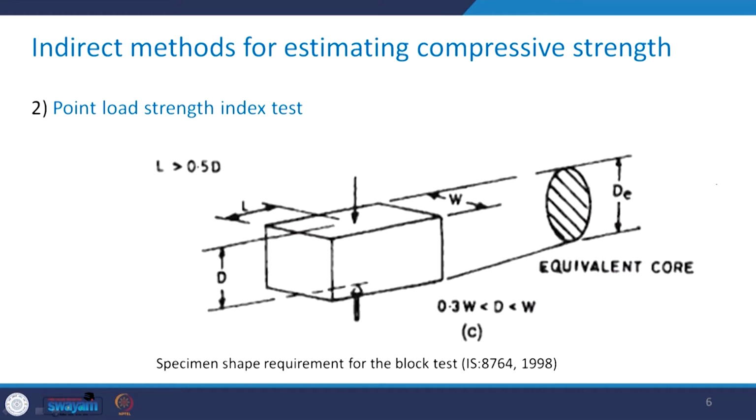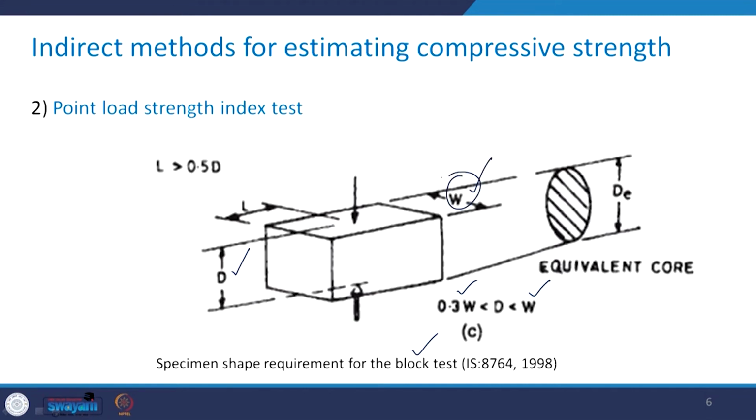Similarly, in case you have a block kind of specimen, so this is the block test. In that case, this figure gives us the idea of what the shape requirement should be. Again in this case, this dimension D should lie between 0.3 W and W, where W is this dimension here.